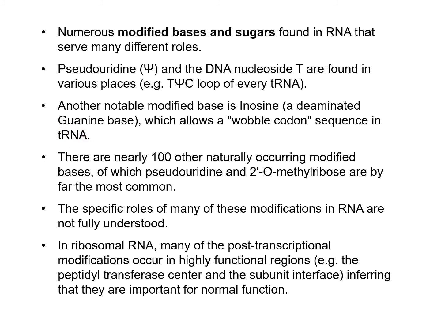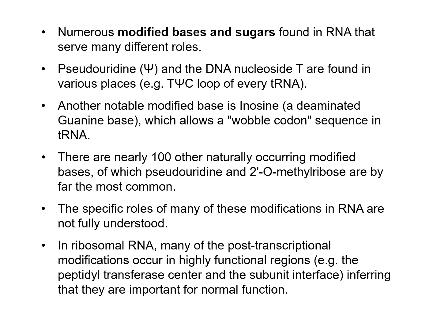And there are nearly 100 other naturally occurring modified bases, of which pseudouridine and the 2'-O-methylribose are by far the most common ones, and they have strong and really important functions in terms of biochemical reactions and their regulations that we're going to talk about much later in this course.